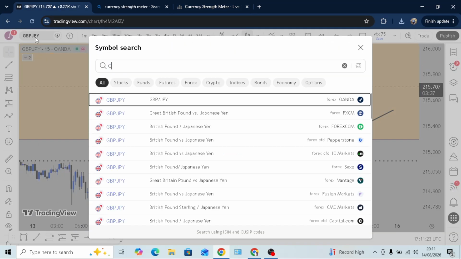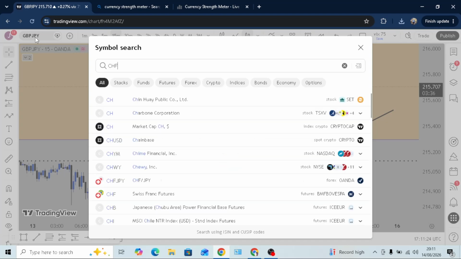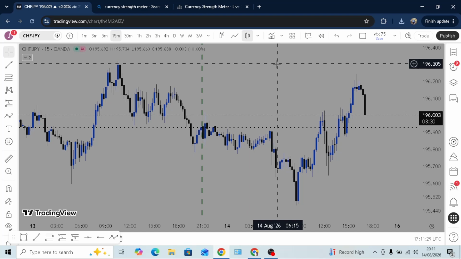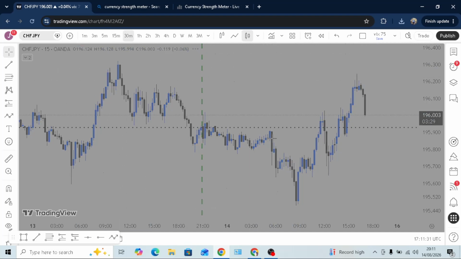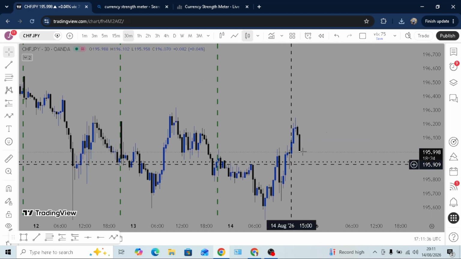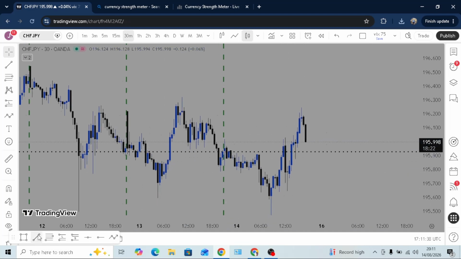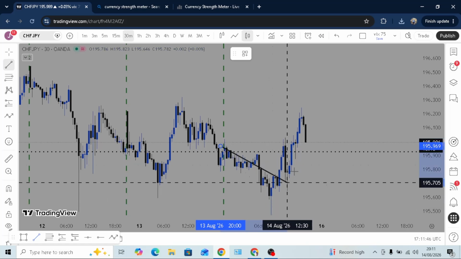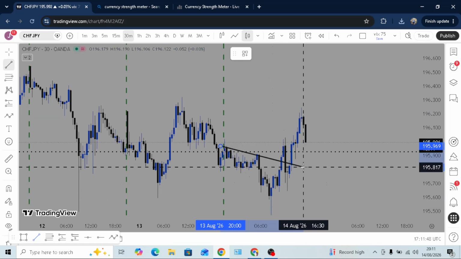CHF JPY. There we have it. I said it. It is still ranging. Have a look at that. It has no clear directional bias since both are weak at the moment. You can just see it tried coming down, failed, came up again, and currently is still pulling back down.